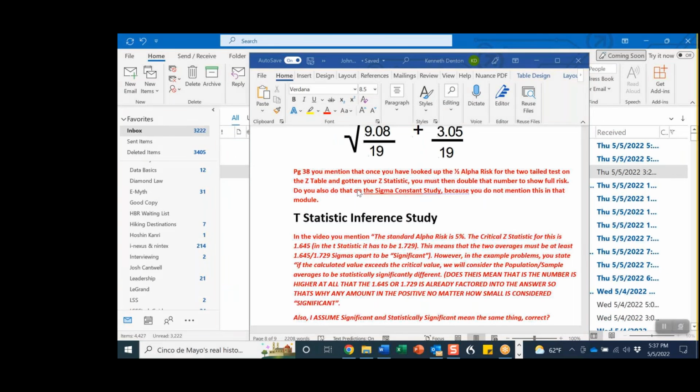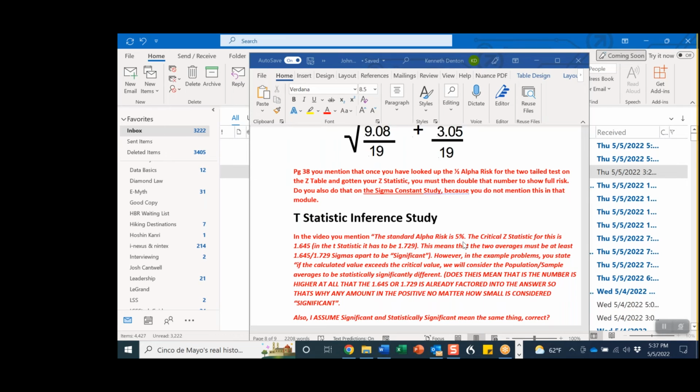Okay, so now let me go to the next question here. On page 38 of the PDF, you mentioned that once you have looked up the half alpha risk for the two-tailed test on the Z-table and gotten your Z statistic, you must then double that number to show the full risk.